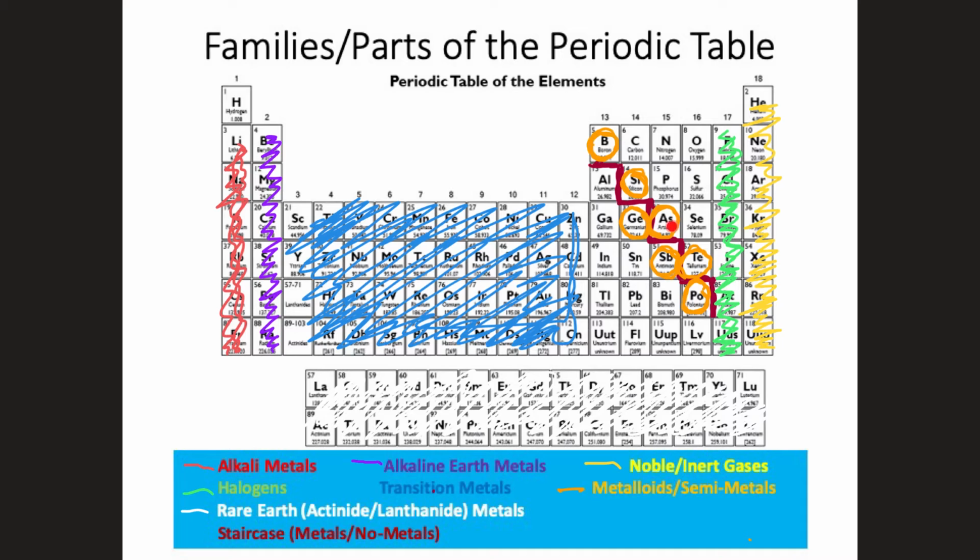Arsenic is more metallic-like than selenium, but less metallic-like than germanium. Same thing with silicon. Silicon is much less metallic-like than aluminum, but much more metallic-like than phosphorus. So these elements are called the metalloids. Sometimes they have properties like metals, and sometimes they have properties like nonmetals.